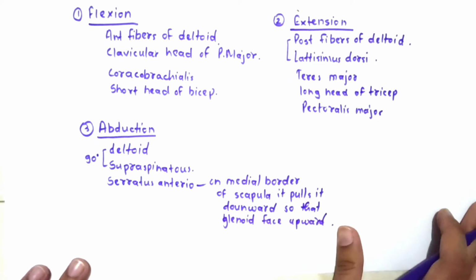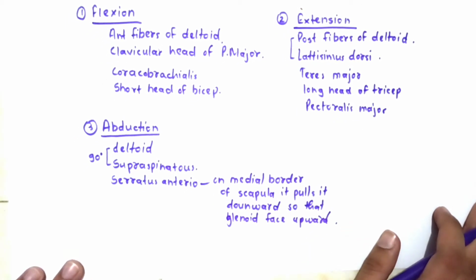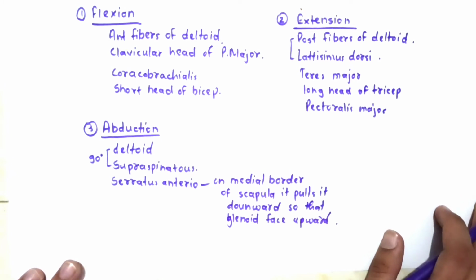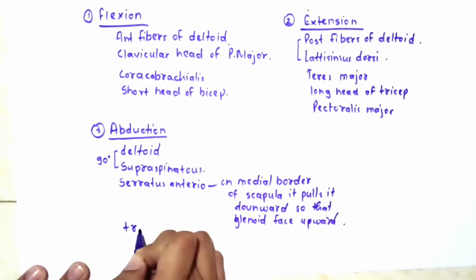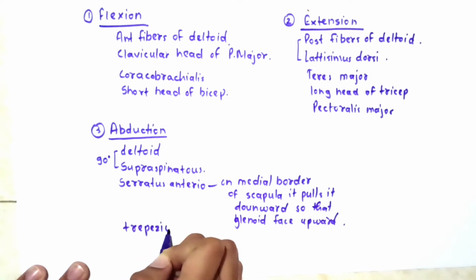Another muscle is some upper and lower fibers of the trapezius also.